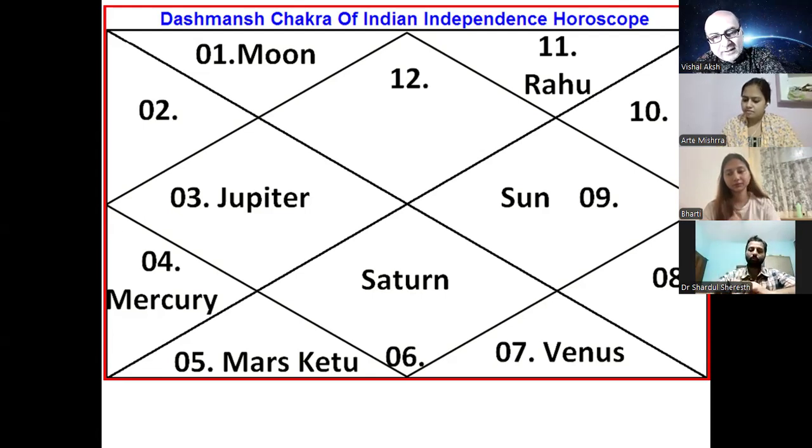Mercury bears the Vargotam Dashmansh. Then I said there may be a danger of a huge cyclone with air and water. I said that, if you remember. So Shardul did the research. Shardul, what did you find?